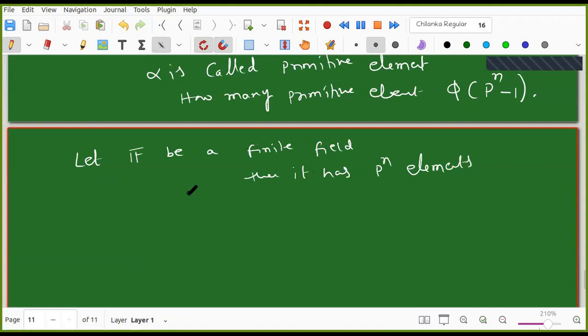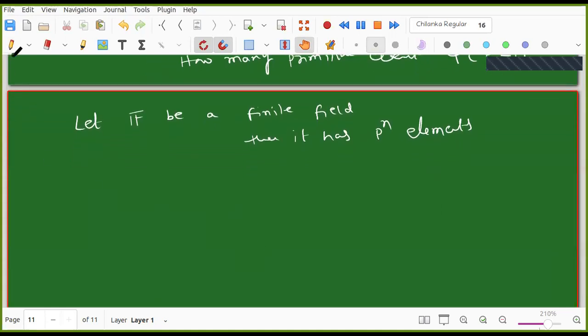For proof one, I proved it by field extensions. The second is by using group theory, Cauchy's theorem. The third proof is that F is a finite field with p power n elements, and this is a very interesting proof. You take alpha 1 belonging to F minus 0.